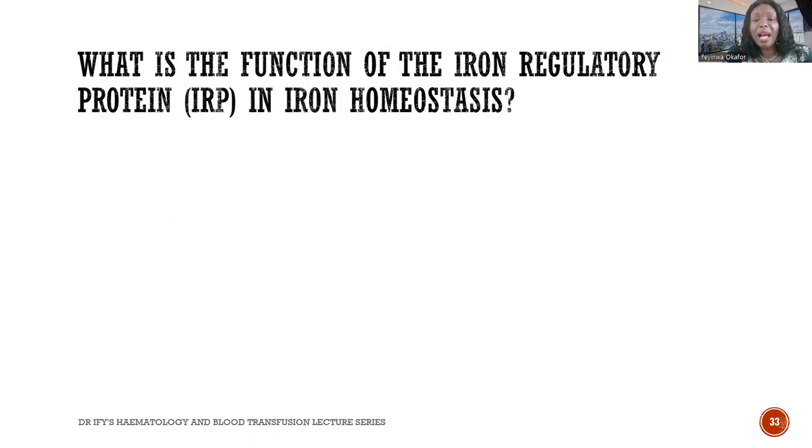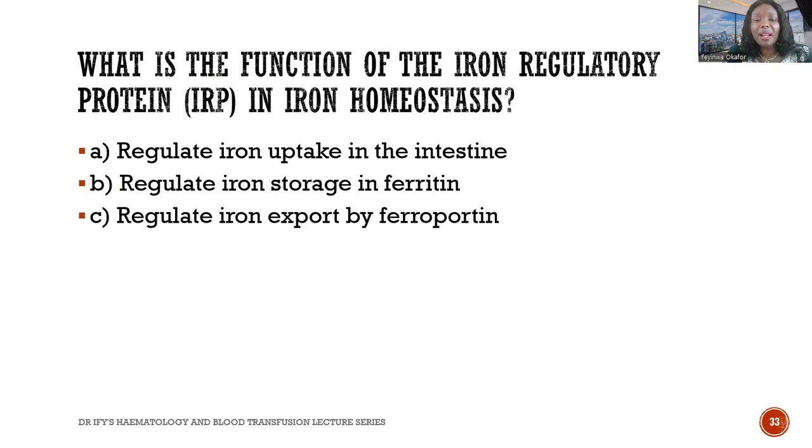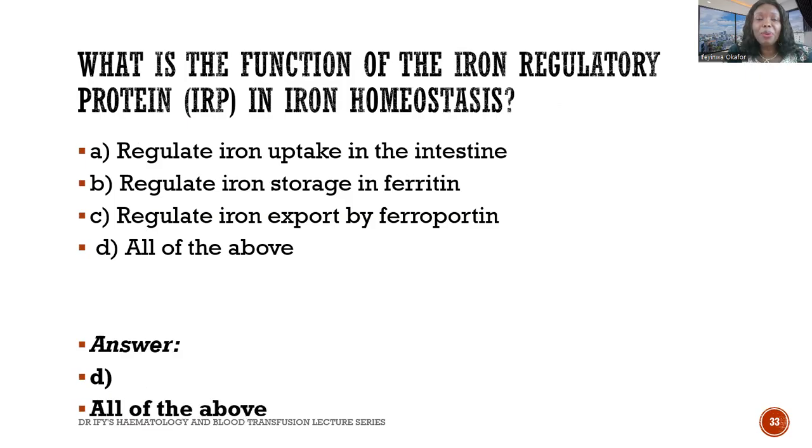What is the function of the iron regulatory protein in iron homeostasis? Regulate iron uptake in the intestine, regulate iron storage in ferritin, regulate iron export by ferroportin, all of the above. Answer D, all of the above.